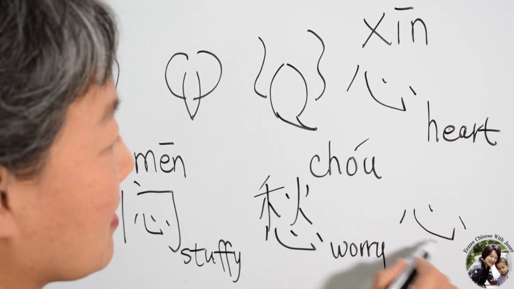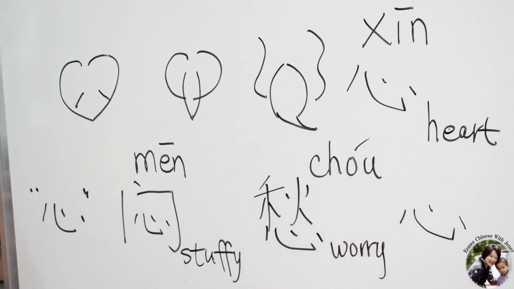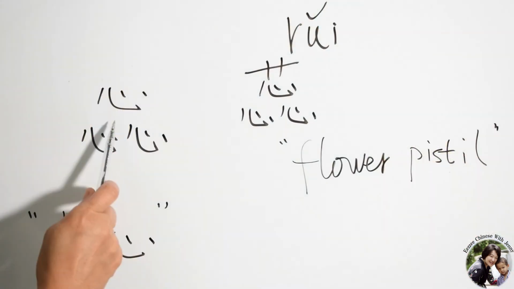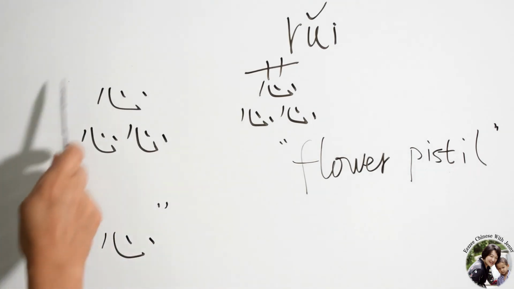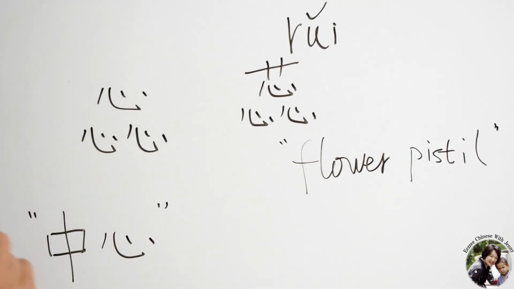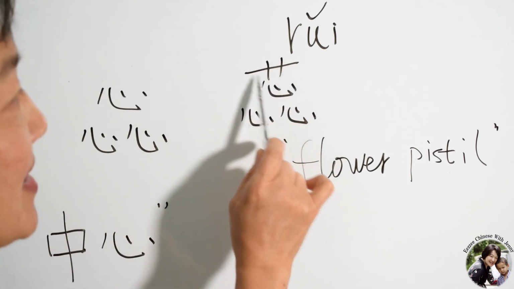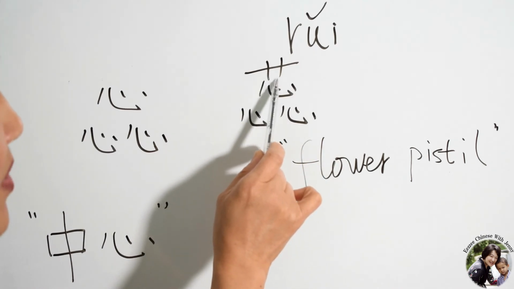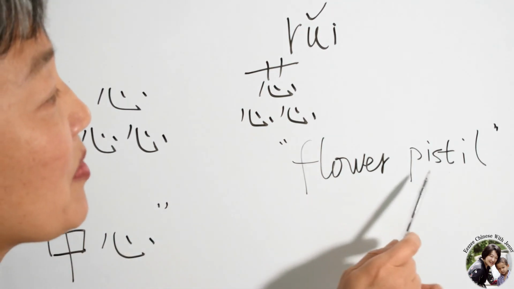Three dots is this one, means your heart, xin pronunciation. We have learned this character, means heart, right? Chinese like to do this: you put three hearts together, meaning many hearts. And you put this, which means grass, remember? It gives you the meaning related to grass, and three hearts together means the flower pistil.